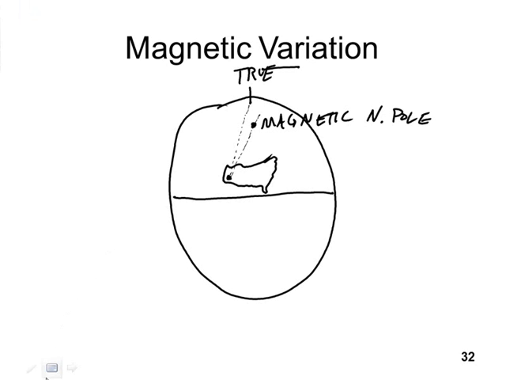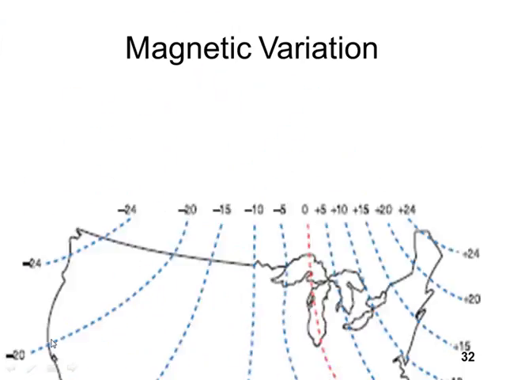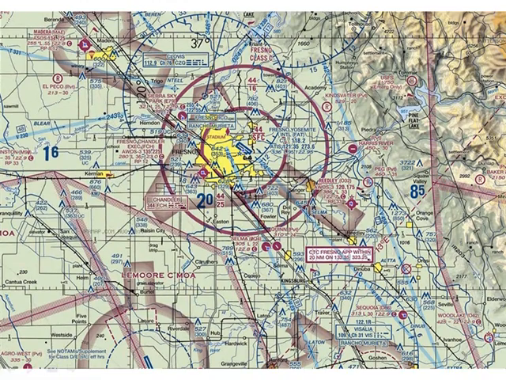I want you to find Fresno Airport. There's some magenta colored rings around it. It actually has 2 magenta colored rings around it. And there's a big yellow blob where the city of Fresno is.